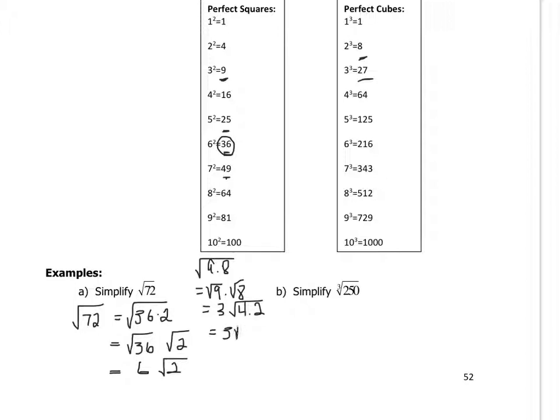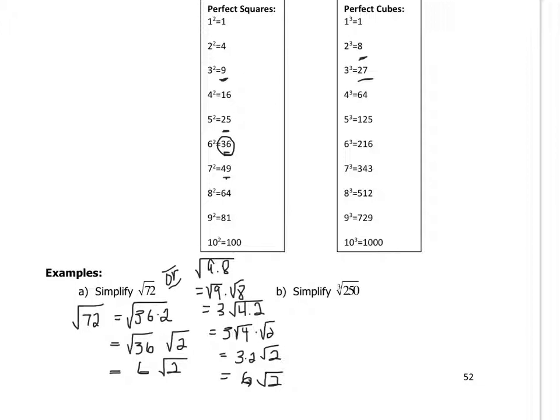So that would require you adding a few extra steps to your solution. But in the end, you would end up with 6 root 2 the same way. Okay, so there's 2 ways you can do it. I usually try to get the largest perfect square factor, and you have fewer steps.